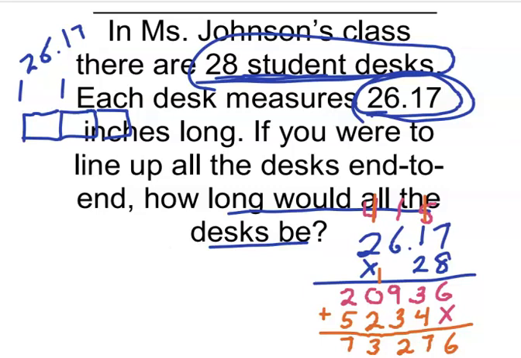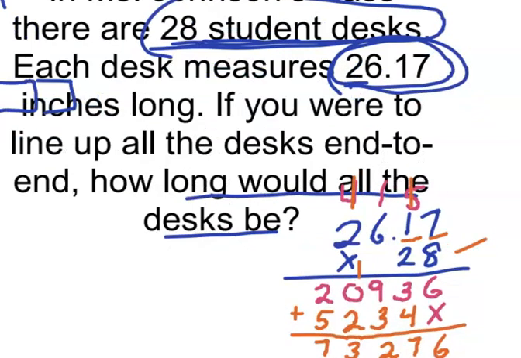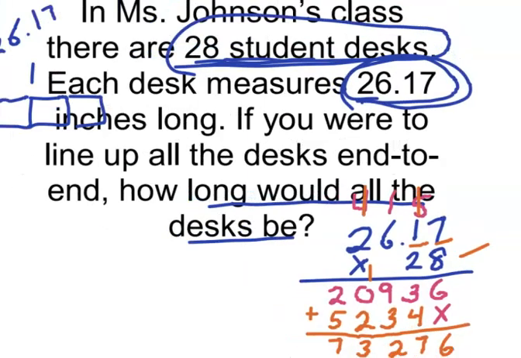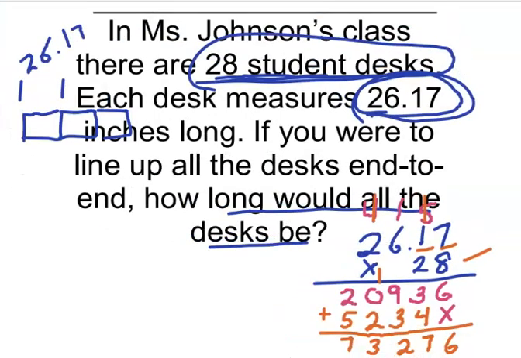And then we look up here and see how many numbers are to the right of the decimal. There's no decimals in this one, okay? But there are decimals in the top one. So there would just be 2 numbers that are to the right of the decimal. So we're just going to move the decimal over 2 places.